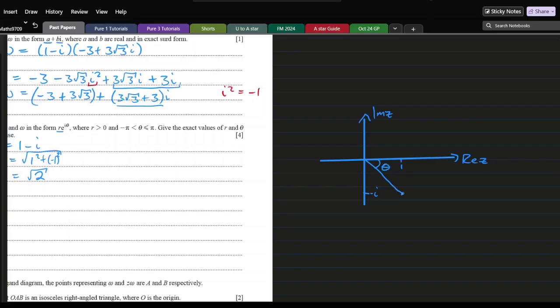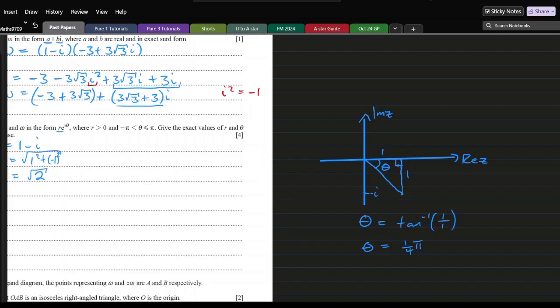So we can actually just complete this triangle. This is a right angled triangle, and we know that this here is 1 and this is also 1 since that's negative i. So we know that our theta is equal to arctan of the opposite is 1 and the adjacent is 1, so theta must be equal to 1/4 pi.